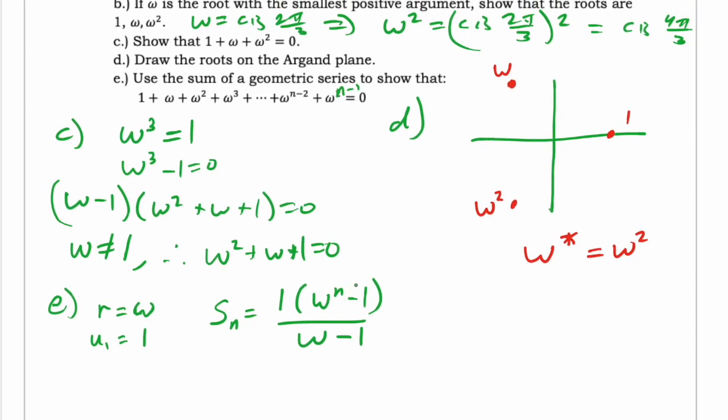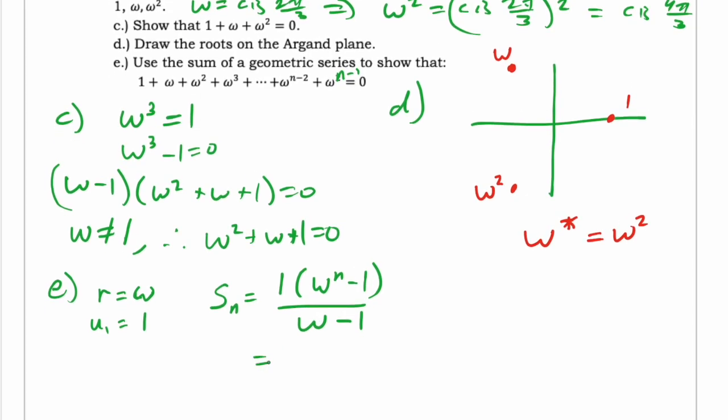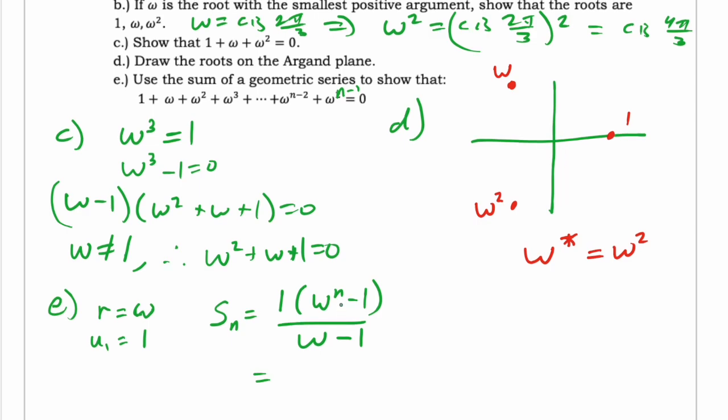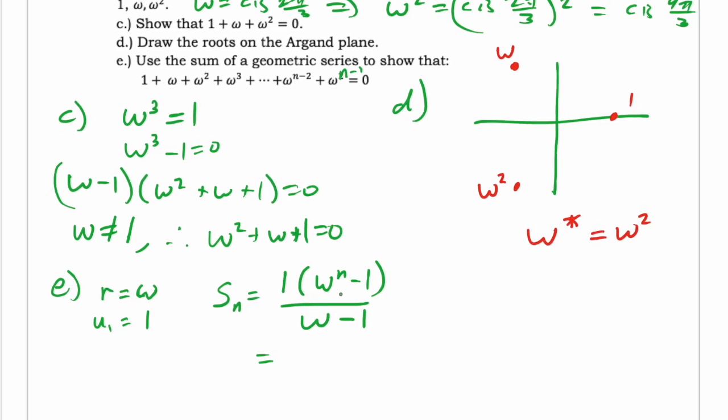And that gives us, so this here is actually equal to 0 like we described before, right? So that's going to be 0 over omega minus 1 equals 0. So they always add up to 0.